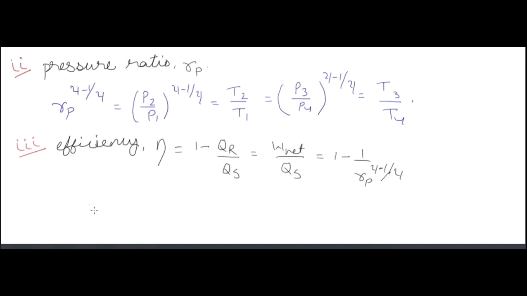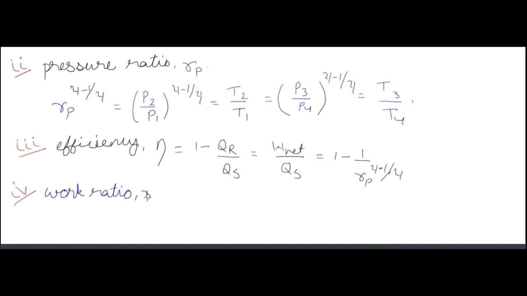So 1 minus QR by QS, because net work is equal to net heat, QS minus QR, so QS by QS is 1, so it's 1 minus QR by QS, which is equal to 1 minus 1 by Rp to the power gamma minus 1 by gamma. This is the efficiency of the Brayton cycle.